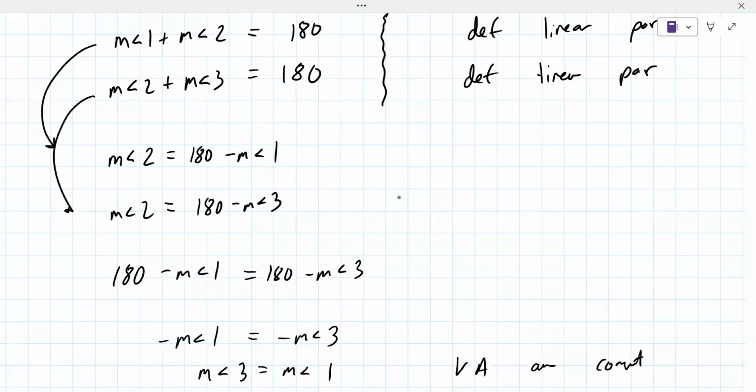Got it. Yeah, that makes sense. I was kind of confused on how you would prove that, because I always thought you didn't really need to prove that vertical angles are congruent.